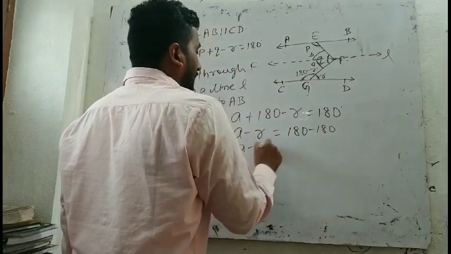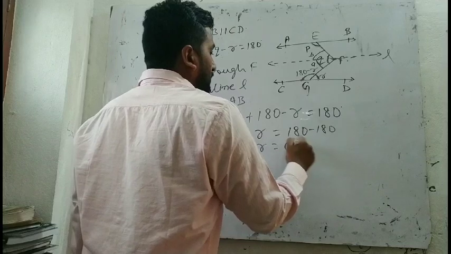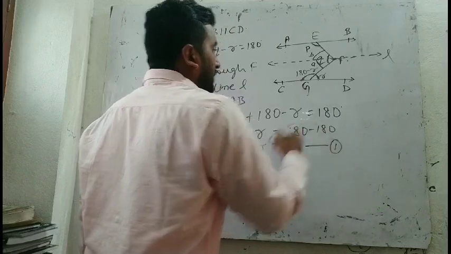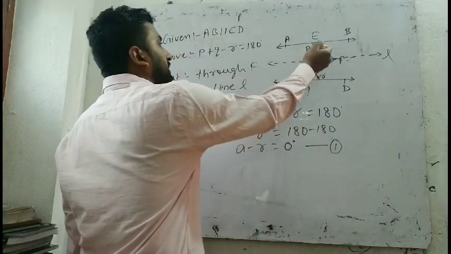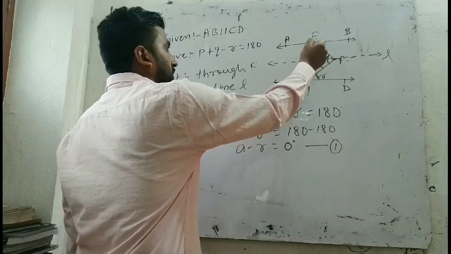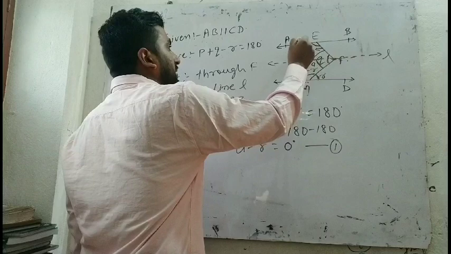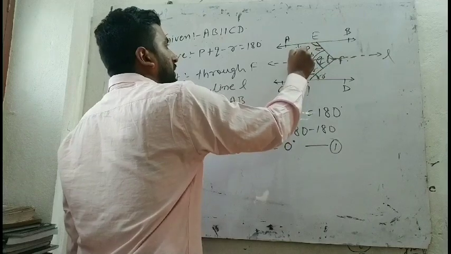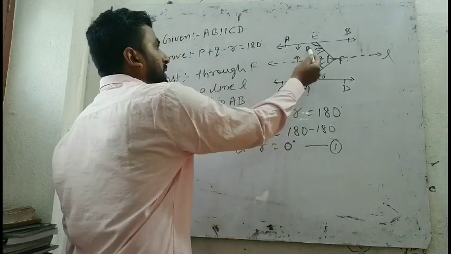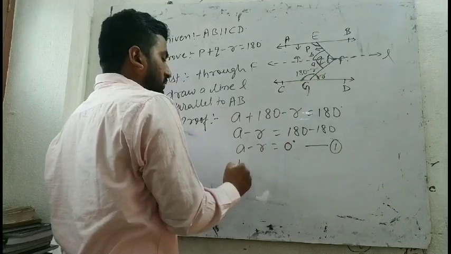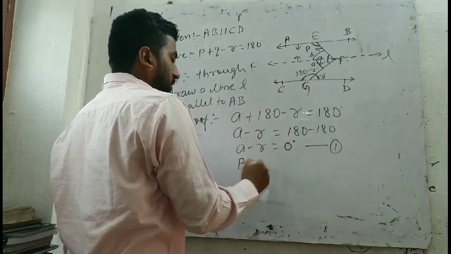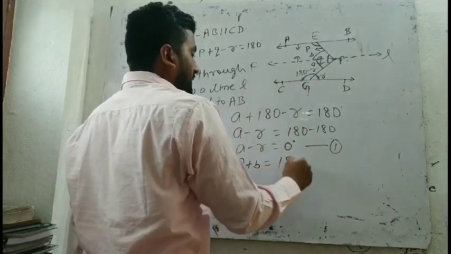Then A minus R is equal to 0 degrees. This is equation 1. Now, these are parallel, so angles on the same side and interior of parallels, the sum of these angles is equal to 180 degrees.